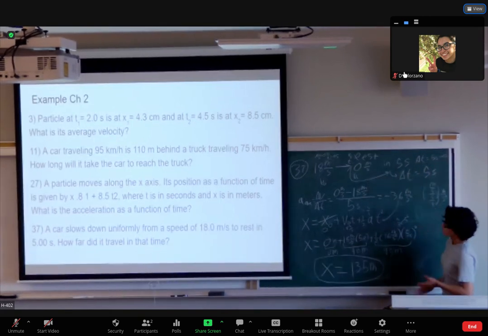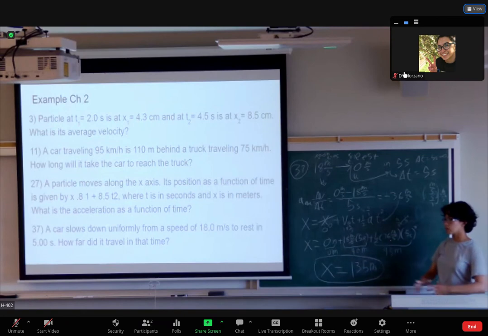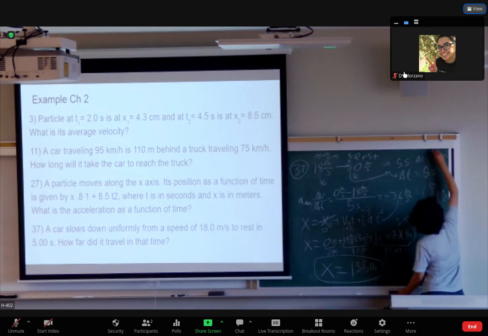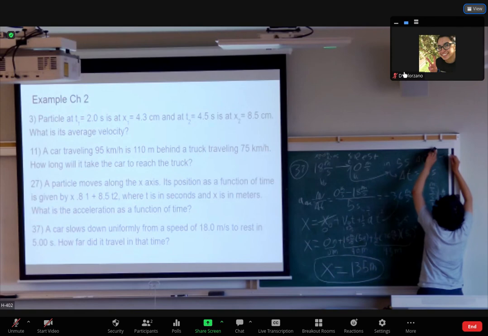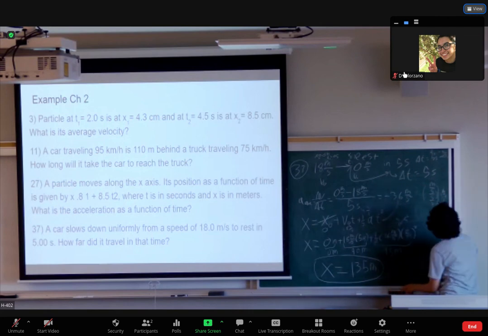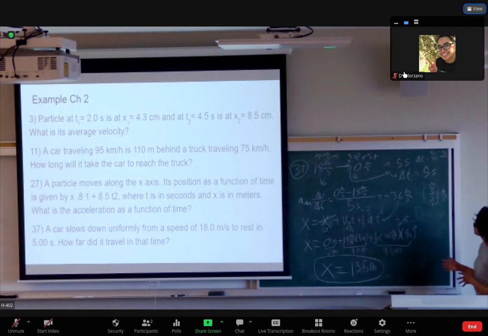In 5 seconds means your delta t is 5 seconds. So t1 minus t naught: your t naught is 0, your t1 is 5 seconds.